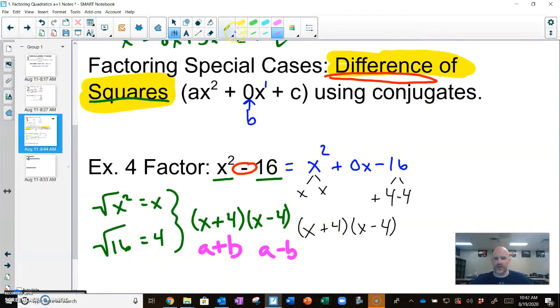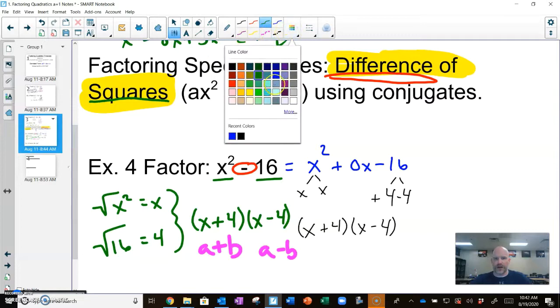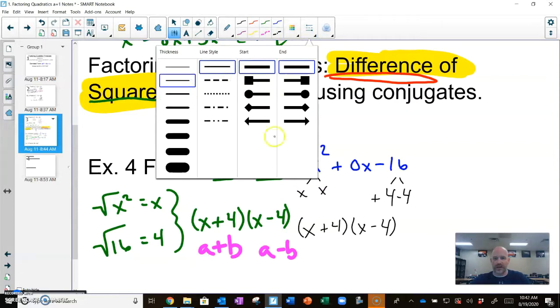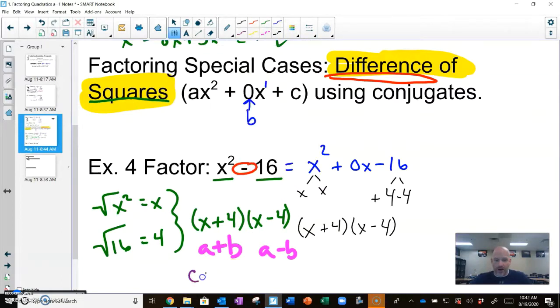What do those look like to you? Hopefully you used a magical math word: conjugates. Yay, conjugates. So factoring a difference of squares just uses conjugates, which you've already learned about with complex numbers. Isn't that exciting? I know.